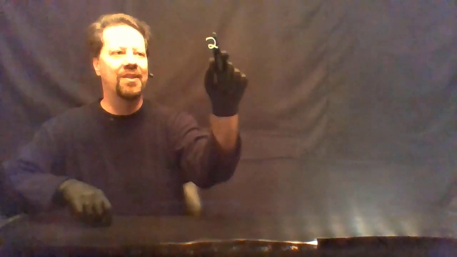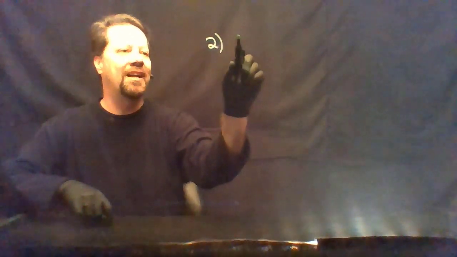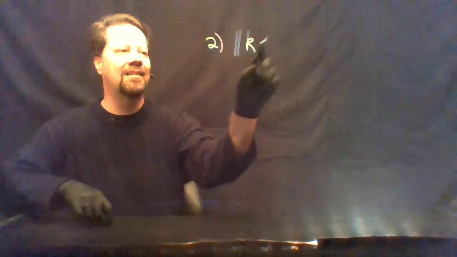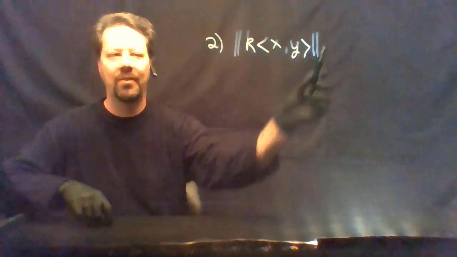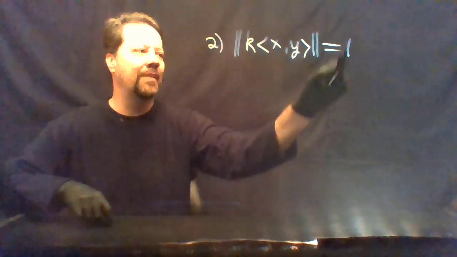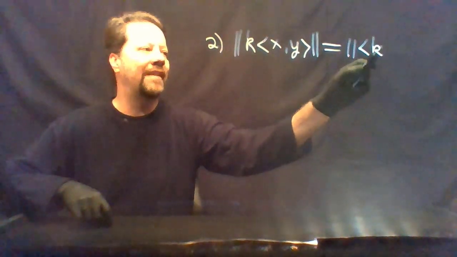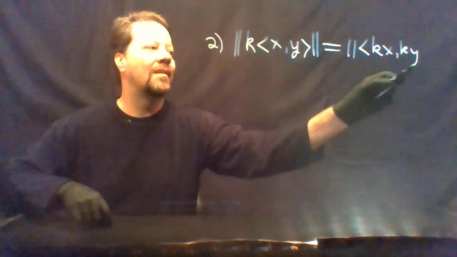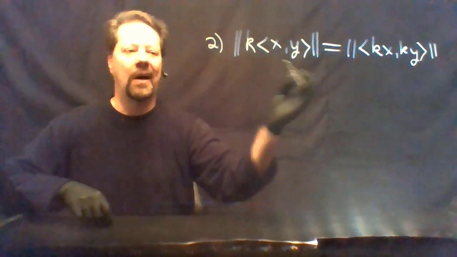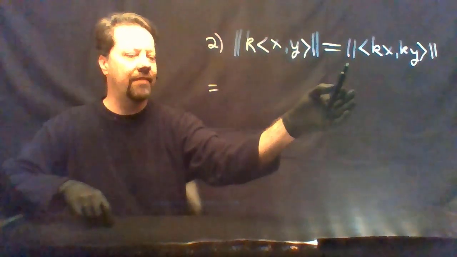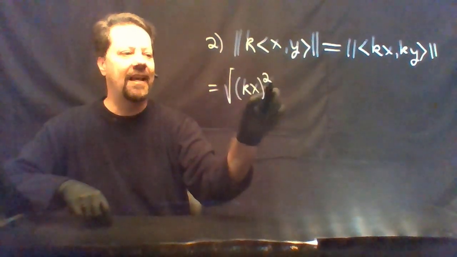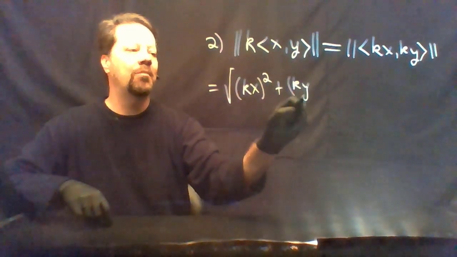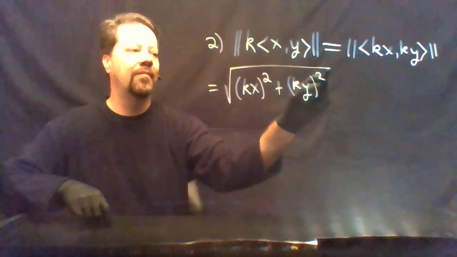On property 2, we have the norm of a constant times some vector, which is, by definition of scalar multiplication, the norm of kx, ky, and by the definition of the norm, that's the square root of kx squared plus ky squared.